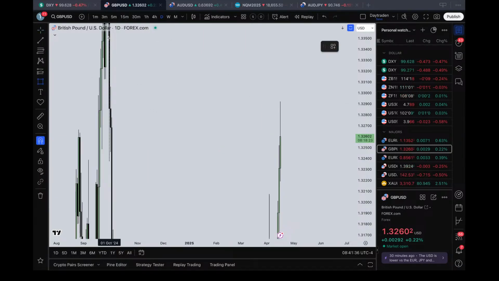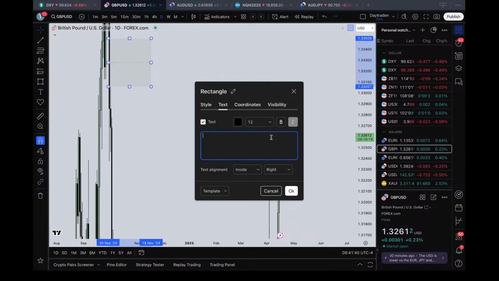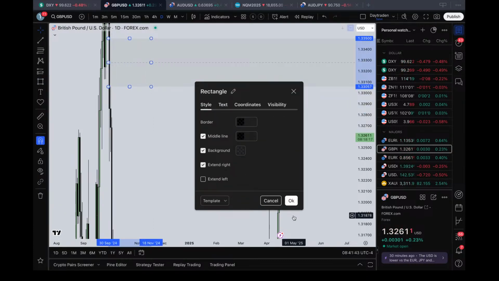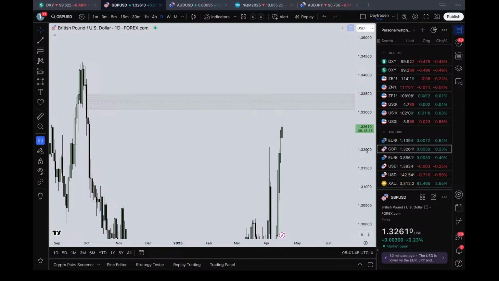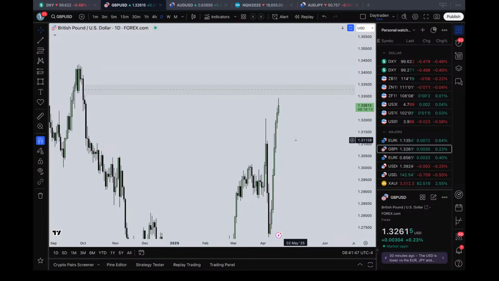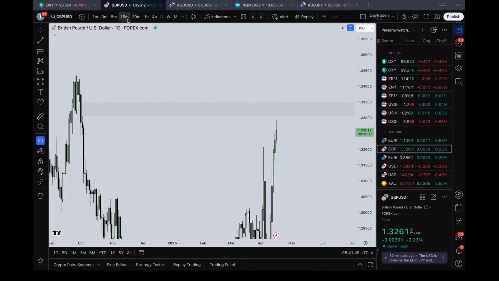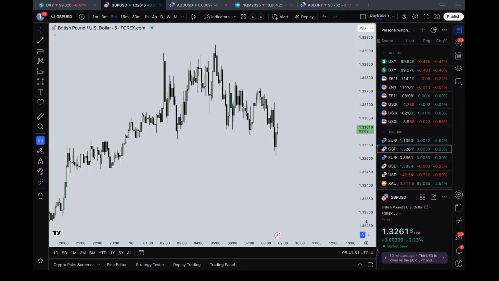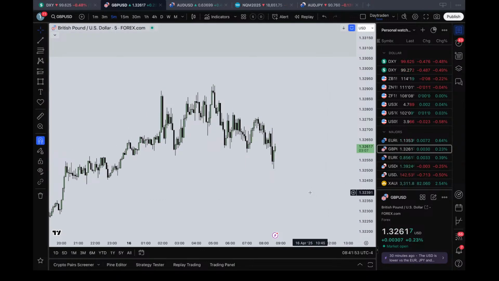Would like to see GU trade into this daily gap as a draw eventually. Took out London low.